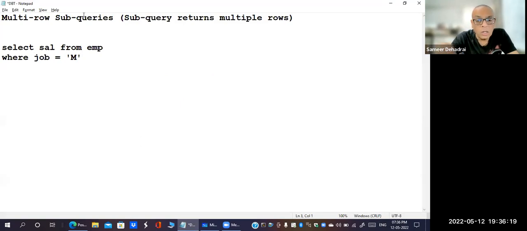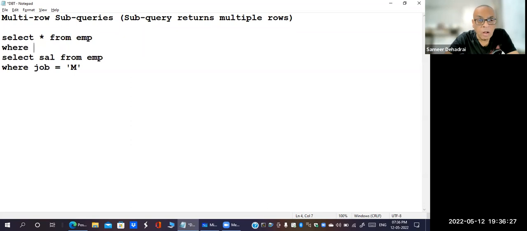Once I know the salaries of all my managers, then I can find out which rows are equal to that value. Solving it the traditional way, first I shall find out the salaries of all my managers. I will select sal from EMP where job equal to manager. Once I know the salaries, then I can say select star from EMP where sal equal to this select statement.